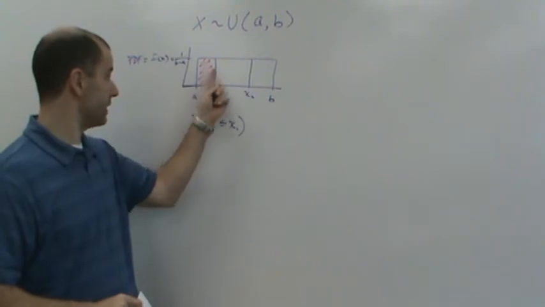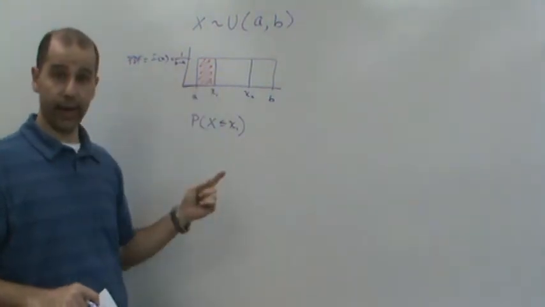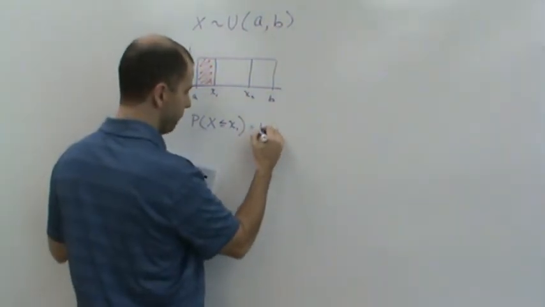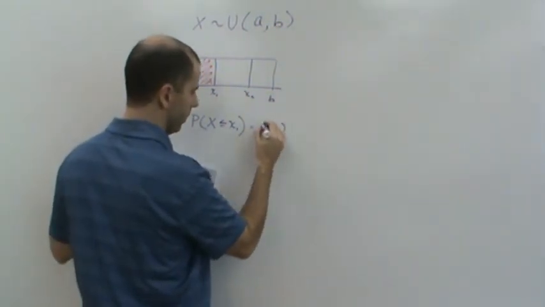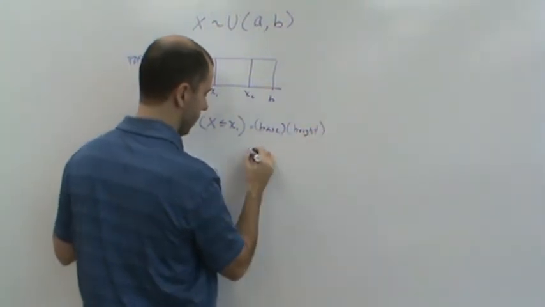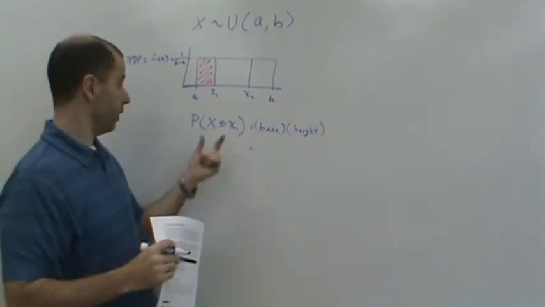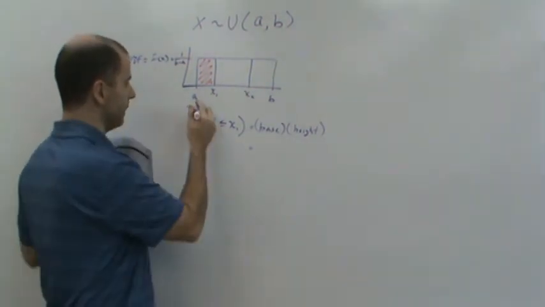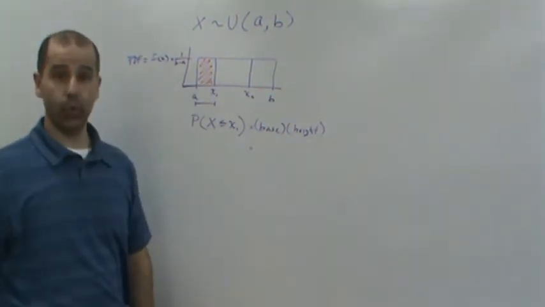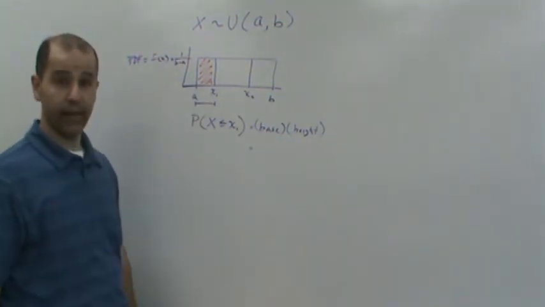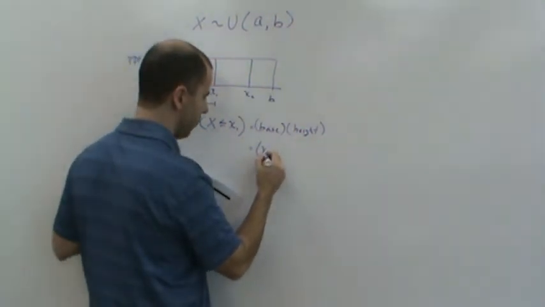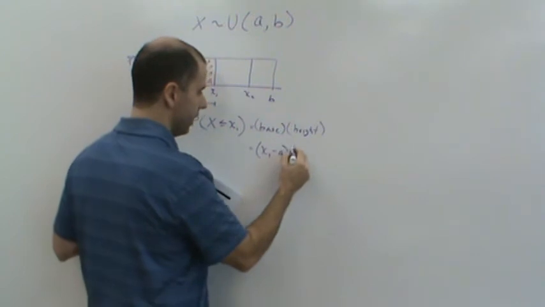All I need is the area of this rectangle. So it's base times height. What's the base? It's this distance here, from A to x1. So the base is x1 minus A, times the height.